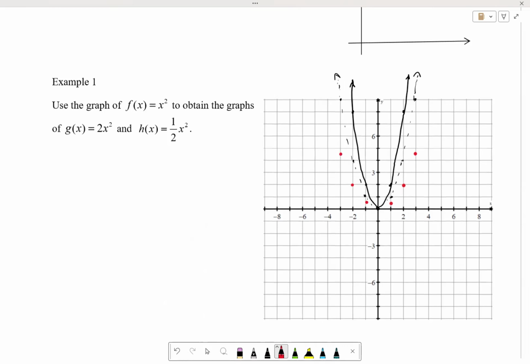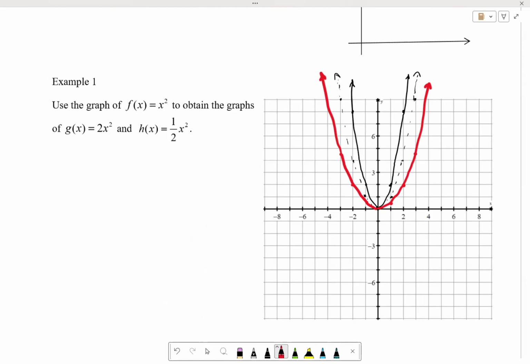Once you have your one side, you don't really have to consider the other one too much. Just kind of replicate it. And this is enough points. But do you see from the dashed one, do you see that the solid one is a stretch?